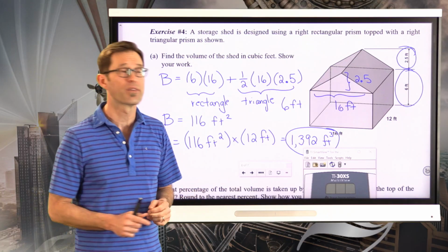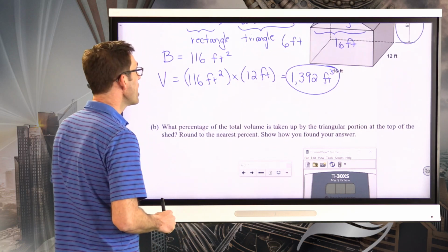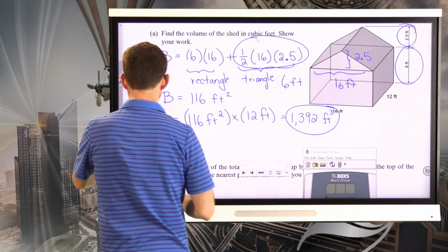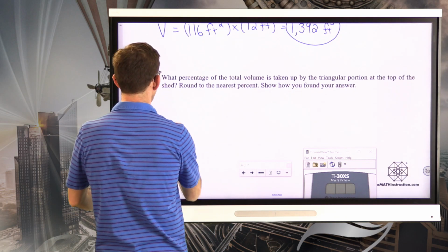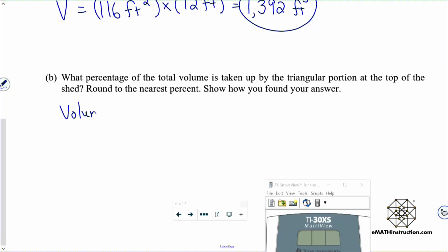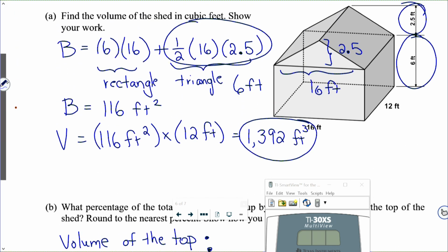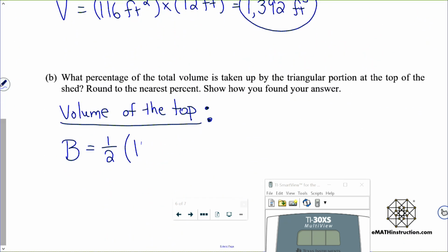All right, well, let's figure out the volume of the upper portion. Now, in order to do that, I got to go back to just this area, right? So in this case, just for the top, the volume of the top portion, right? Well, again, we already kind of know what the area is. The area of the base now is only going to include the triangular portion, 1/2 times 16 times 2.5.